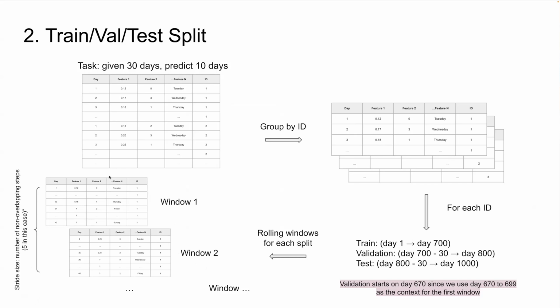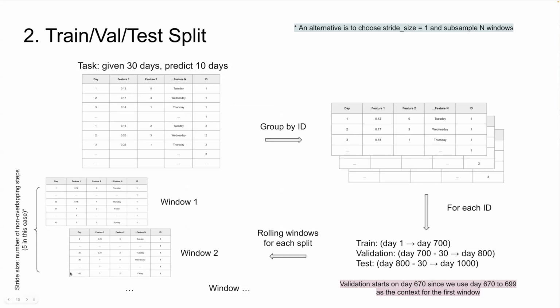So the first window will start from day 1, go all the way to day 40. And the second window will be starting from day 6. So I'm moving five days ahead, going from day 6 to day 45. So for each one of those windows, we'll be doing this task of given 30 days and predict the last 10 days.